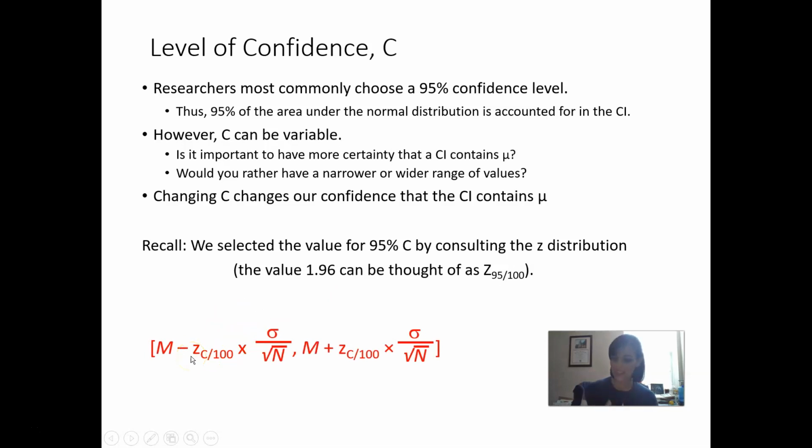So based on our level of confidence, we can actually change our formula for a confidence interval when we know sigma to the Z-score associated with a certain level of confidence. So for example, as I mentioned, if you want a 99% confidence interval, that Z-score is going to be 2.58 rather than 1.96. So this is a very general formula for a confidence interval when you know sigma.